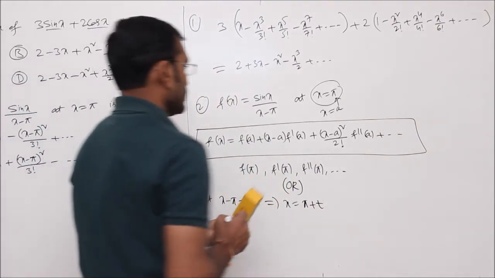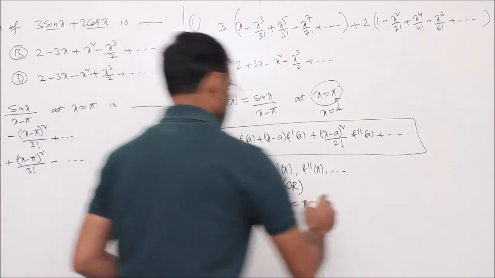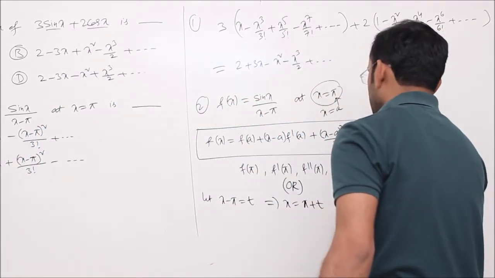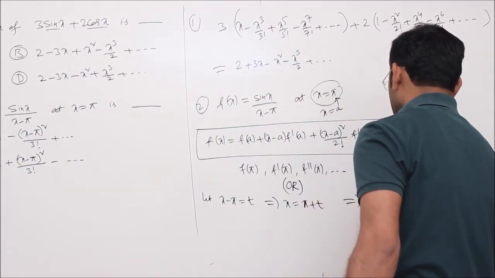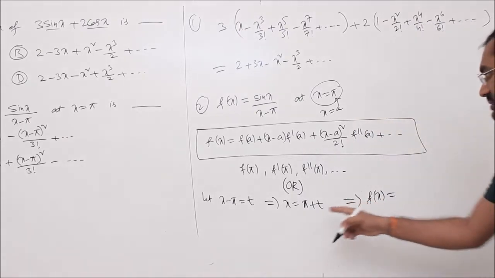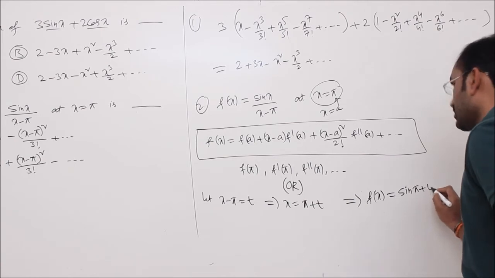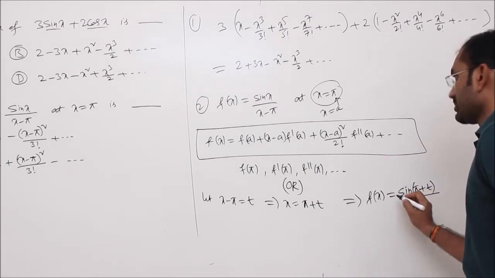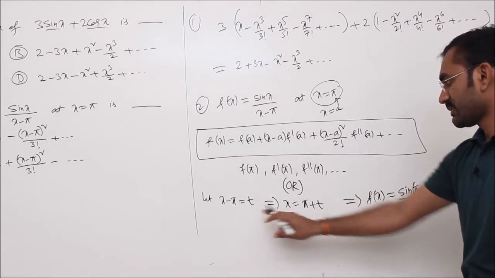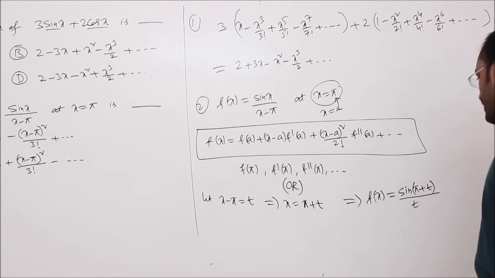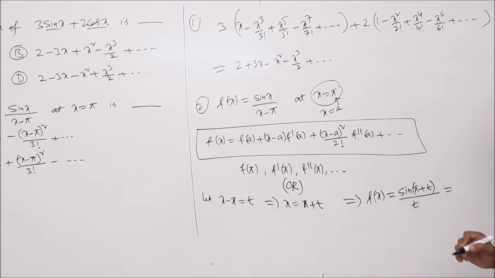Now I can write the function f of x like this: sin x, replacing x with pi plus t, is sin of pi plus t, by replacing x minus pi with t. Sin of pi plus t is minus sin t, by t.